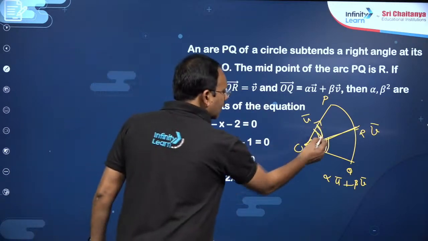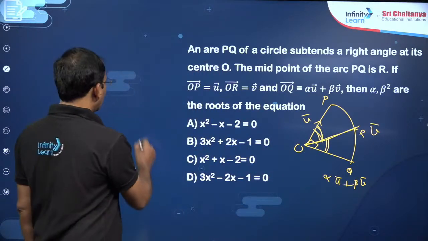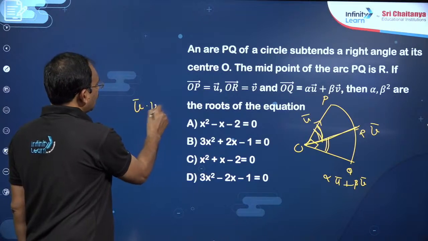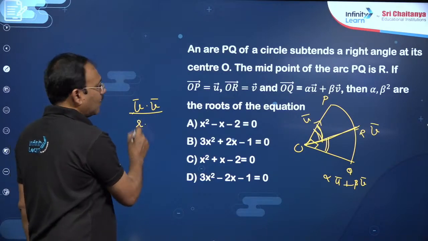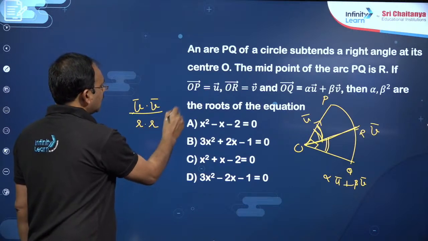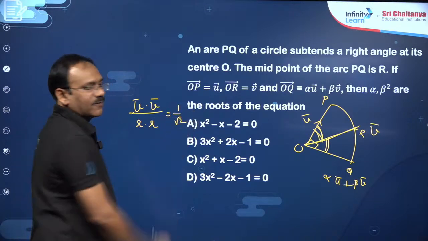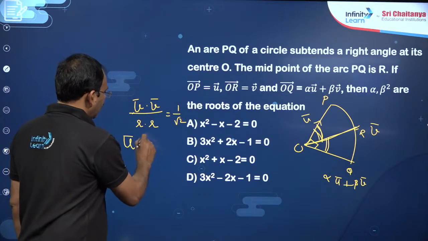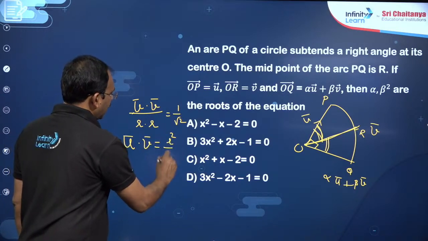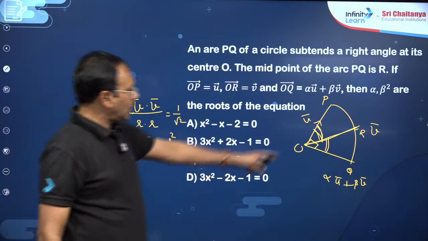Suppose the angle between them is 45 degrees. What can you say? U bar dot V bar by magnitude of U bar, suppose radius r, times magnitude of V bar, is nothing but 1 by root 2, my dear friends, cos 45 degrees, which gives U bar dot V bar is r square by root 2. Same logic you apply here.